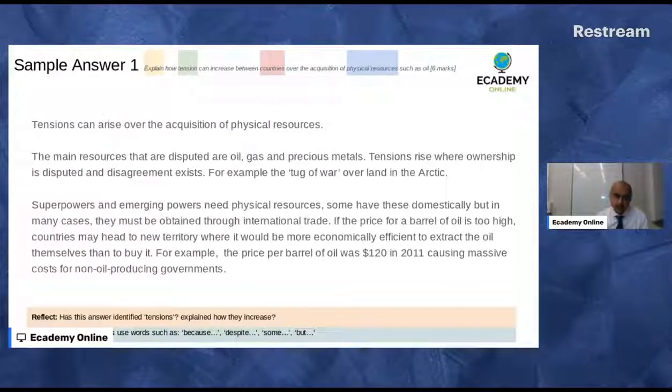And it would have been better, instead of just talking generically about things, to specifically talk about X or Y country in this context. Because what that would do is demonstrate your authority. It shows that you know specific examples, and then you're saying, here, look, examiner, I know what I'm talking about. This is what's happening between Russia and Canada. China is trying to get in on it too.